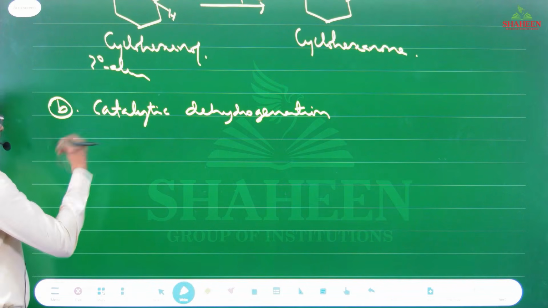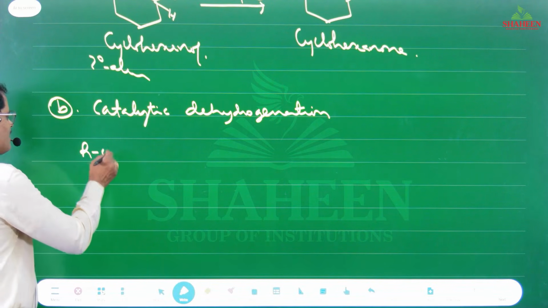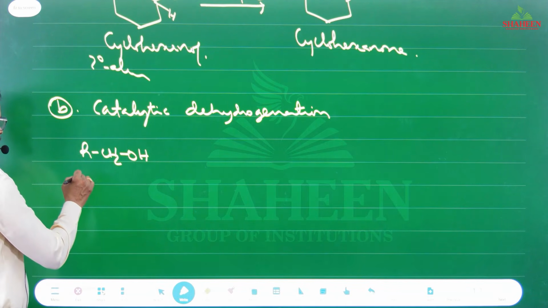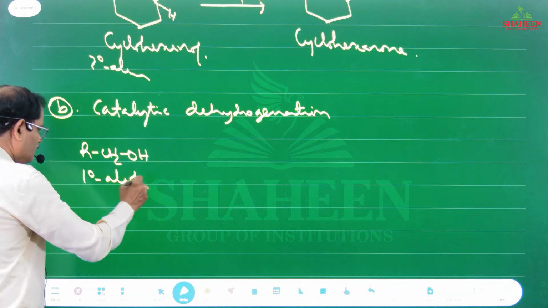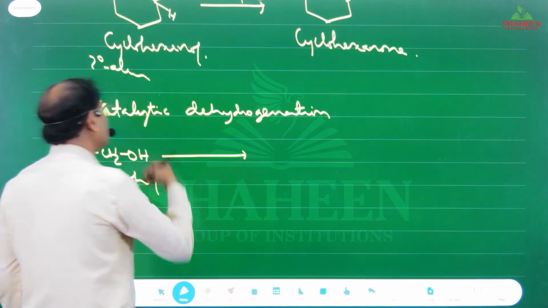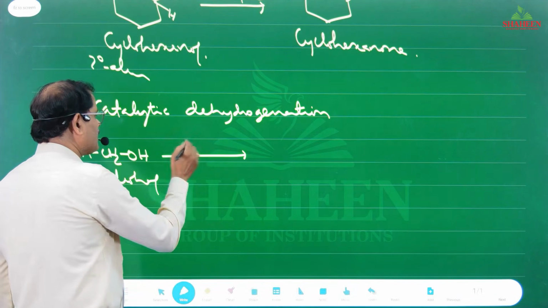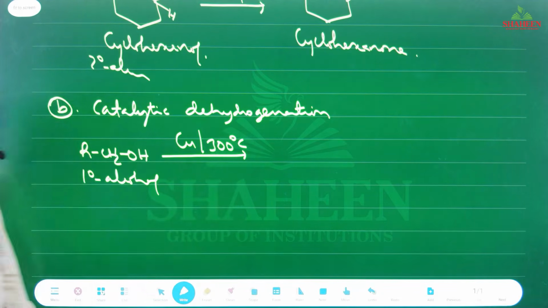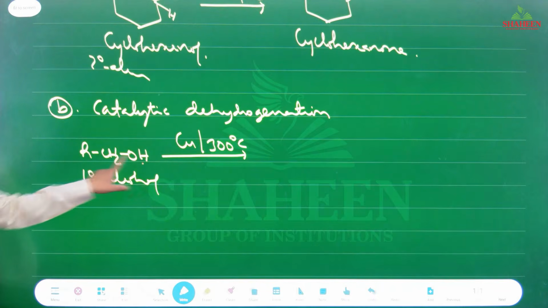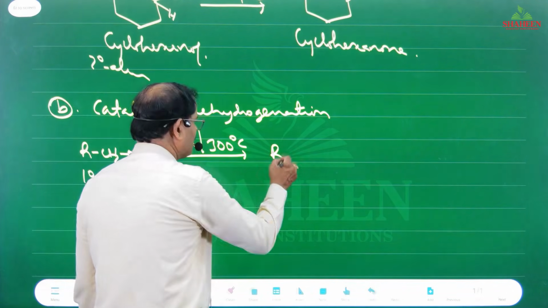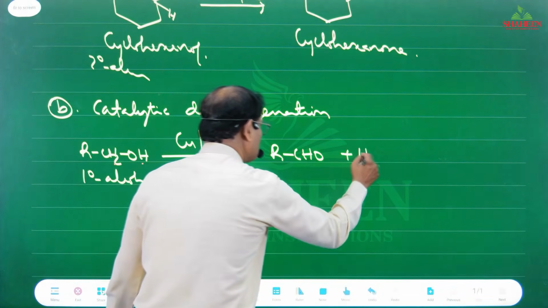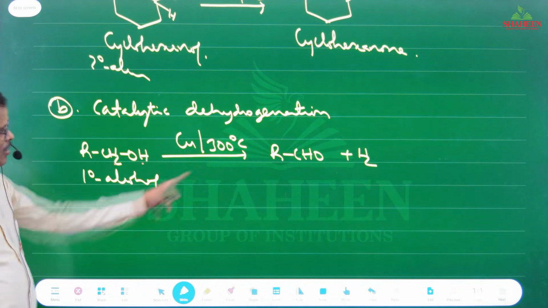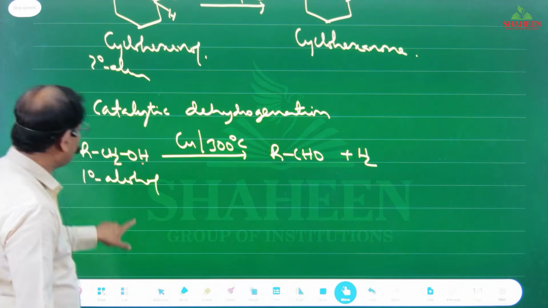We'll see. Vapors of alcohols, for example a primary alcohol, when passed over copper at 300 degrees centigrade, lose hydrogen and we have RCHO plus H2. This is removal of hydrogen, that is why it is dehydrogenation.